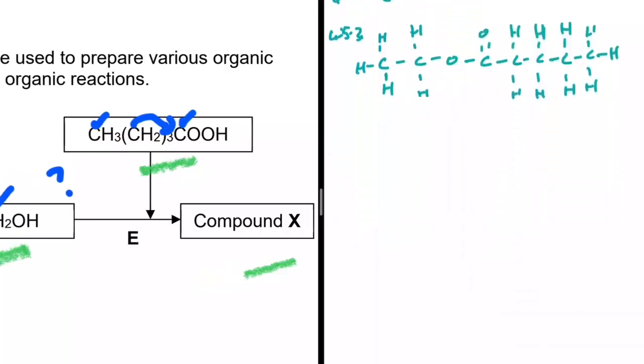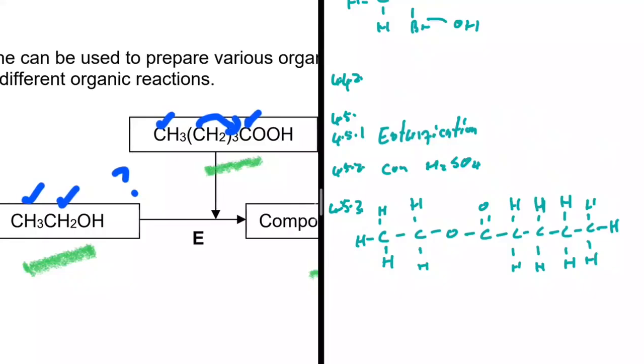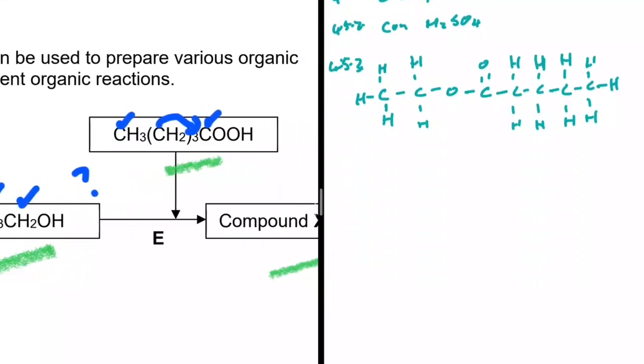So we're saying that our alcohol has 2 carbons. So it means that we have 1, 2, OH, hydrogen everywhere else. Okay, this is what we have, plus the carboxylic acid. Our carboxylic acid has 5 carbons. So it is 1, 2, 3, 4, 5.